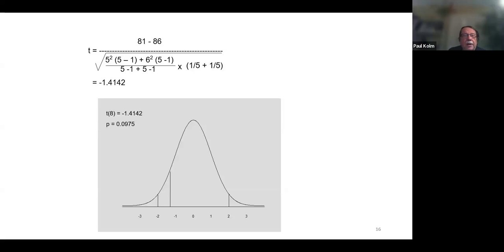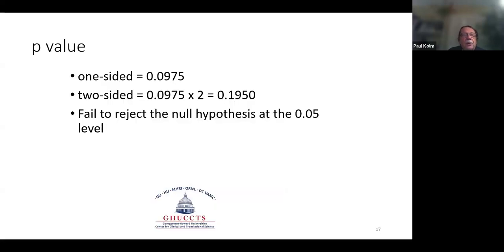And so if we were to do a two-sided test, then the p-value would be 2 times 0.09, or 0.19. And so in this case, in terms of our example, we would fail to reject the null hypothesis at the 0.05 level.